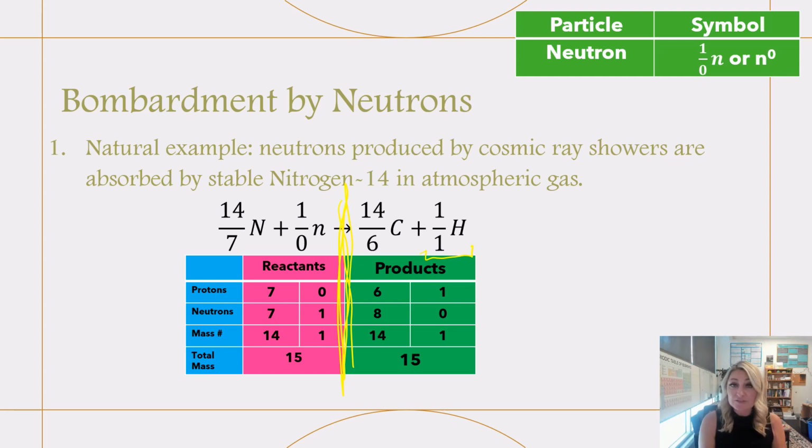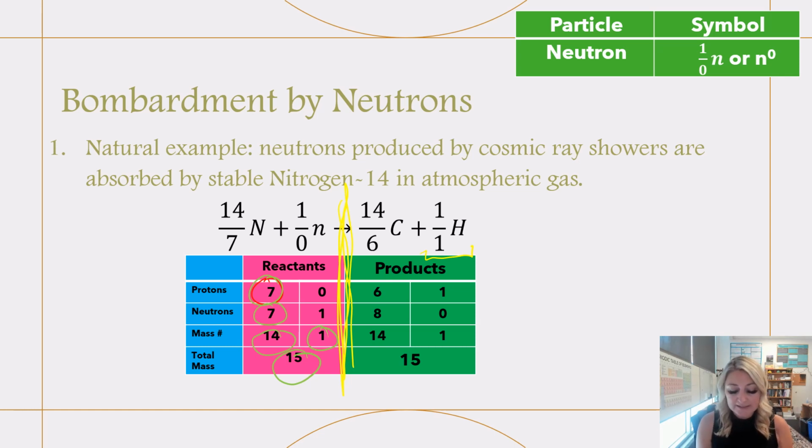So we have our atmospheric nitrogen-14, 7 protons. 14 minus 7 tells us we have 7 neutrons for a mass of 14 on the nitrogen. Our neutron has no protons, 1 neutron, and an overall mass of 1. So our mass for the reactant side is 15.